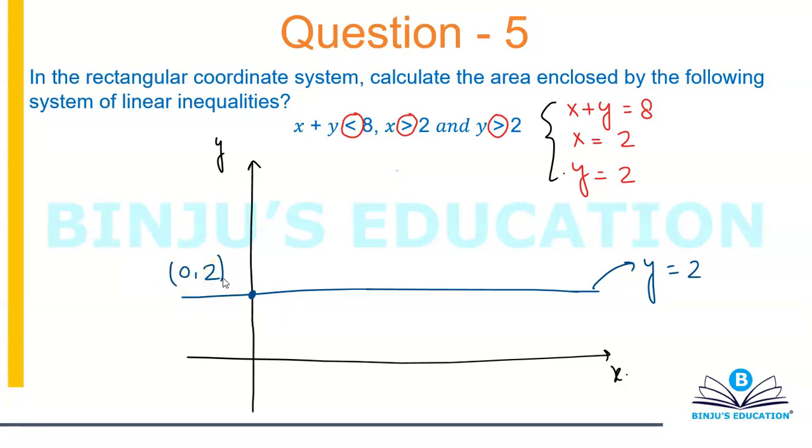Second is x is equal to 2, which would be a line something like this, and this point here is going to be 2, 0. This is my line x is equal to 2. I will also write their meeting point, which is 2, 2.